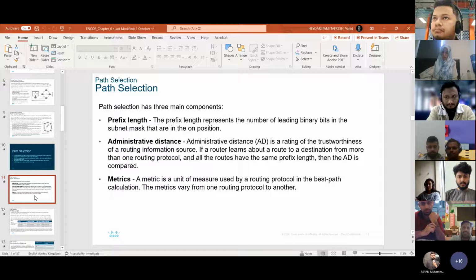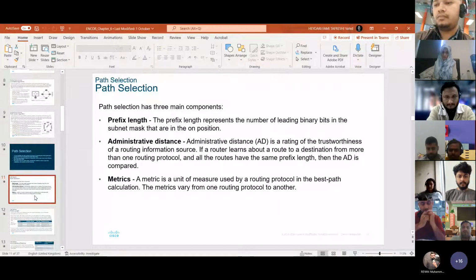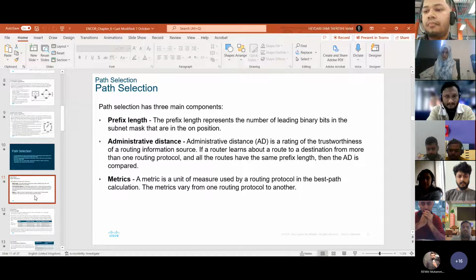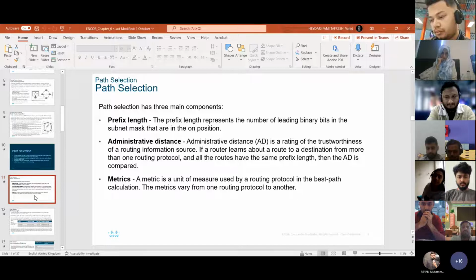Another concept that we have for selecting the best path is, of course, metric. Metric is in fact your cost, and you're after the best path. Therefore, you're after the best cost for your preferred route to get to that final network. Metric is different from one protocol to another. For RIP, it is going to be hop count. For OSPF, it is going to be the shortest path with the minimum cost.